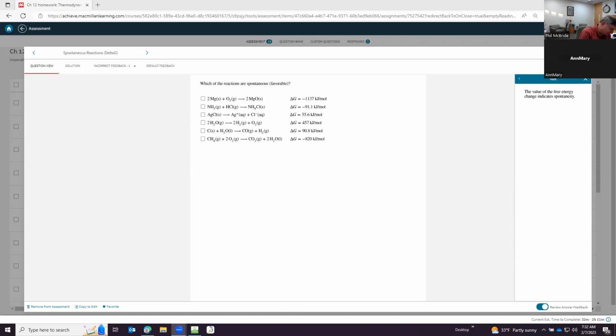So would it be like delta H and delta S is positive and delta G would be always negative?